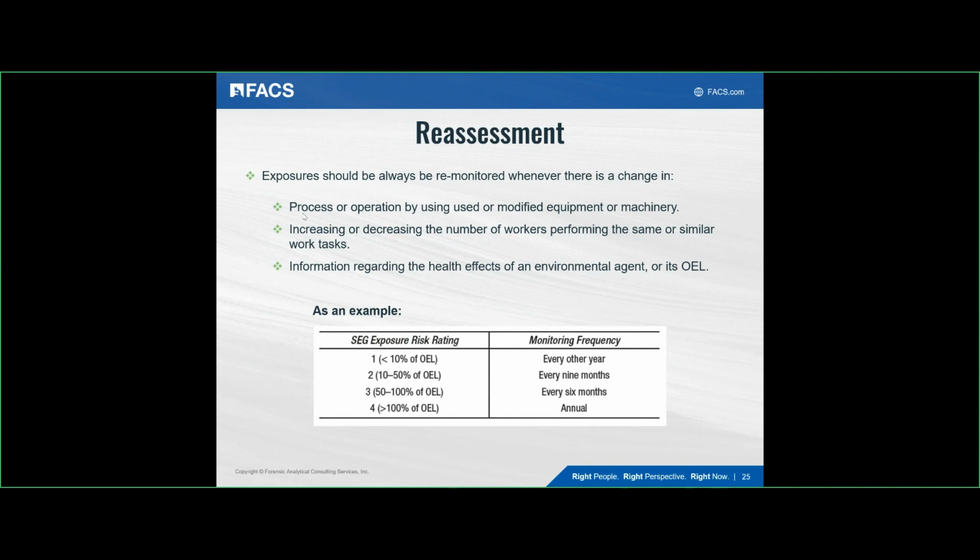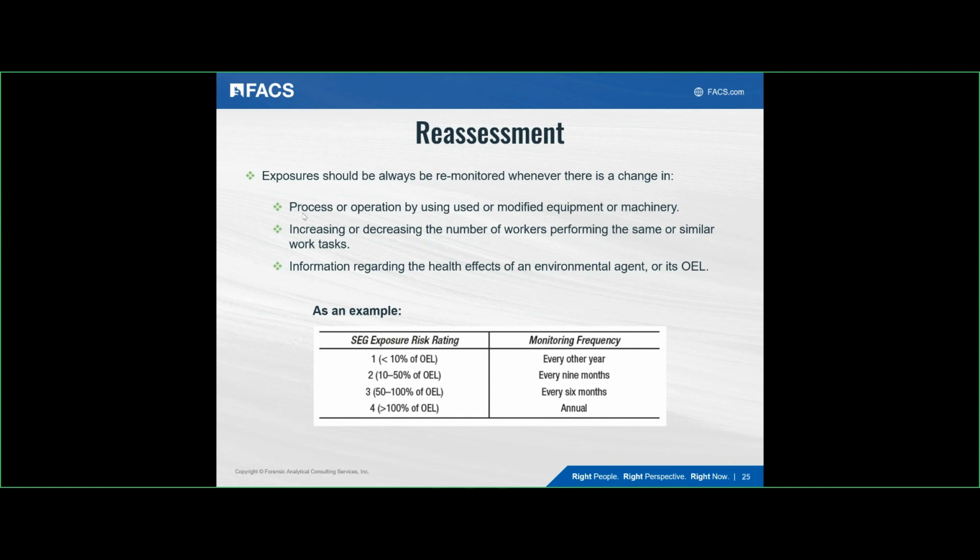As a very basic example, you can set monitoring frequency based on your exposure risk ratings, right, relative to the OEL. So where you're confident that exposures remain below, say, 10% of an OEL, it may be appropriate to remonitor every other year.